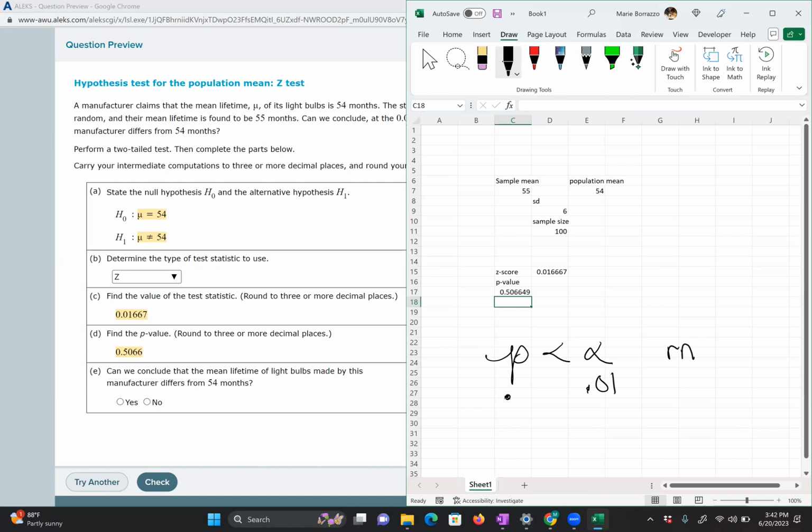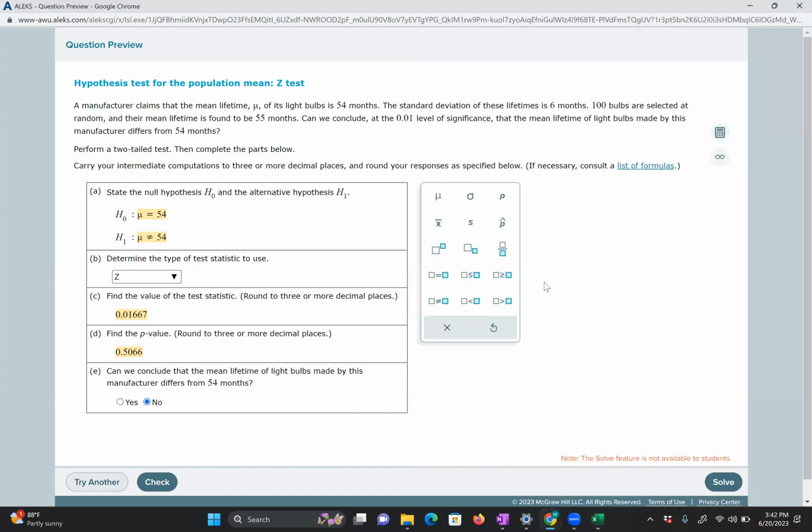Our p-value is 0.5066. Since that is not, notice that I'm saying not, we're going to fail to reject the null. The null hypothesis is that mu is equal to 54. The claim here is that it differs, so I would say no. Can we conclude no? Okay.